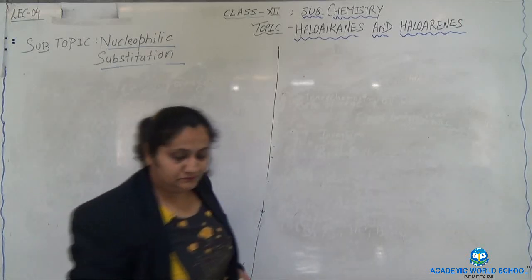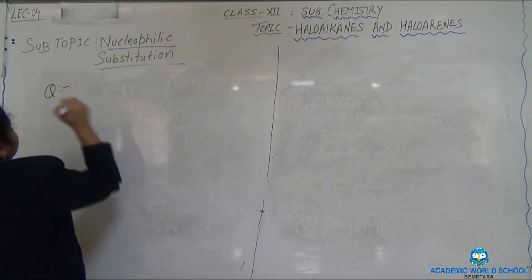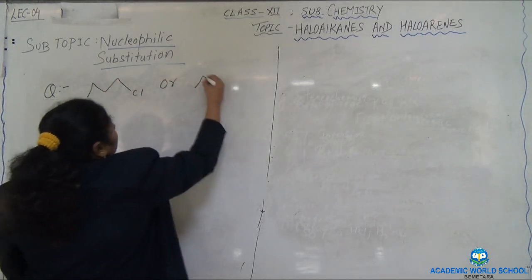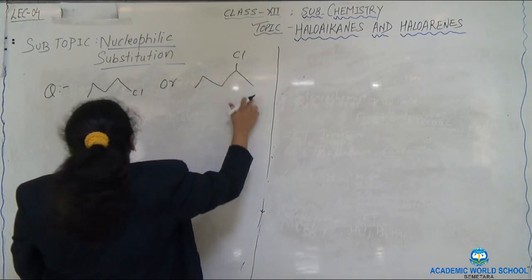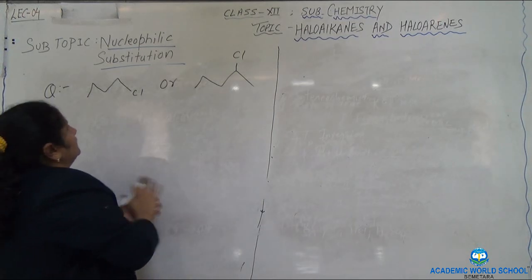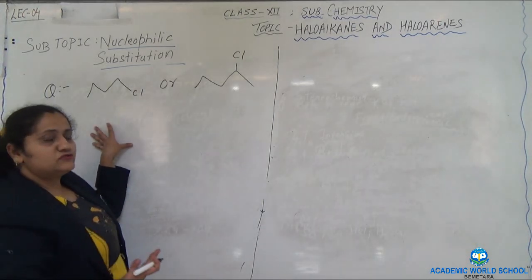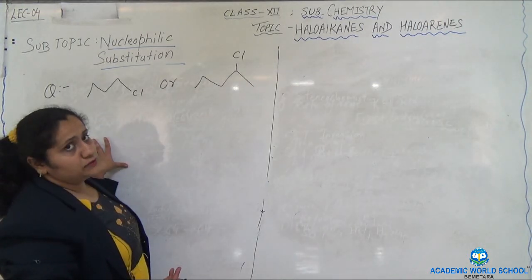Suppose the question is, 1, 2, 3, 4, 5. In these 2 cases, which one would be more reactive toward SN1 and SN2? How are you going to deal with this type of question?